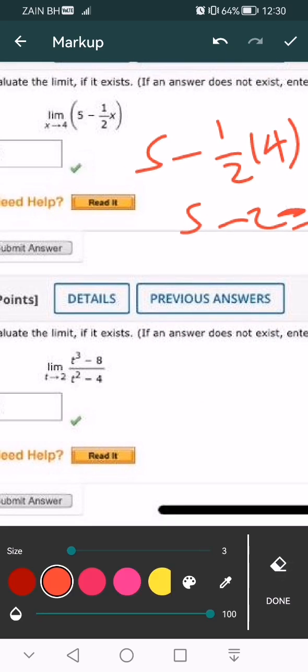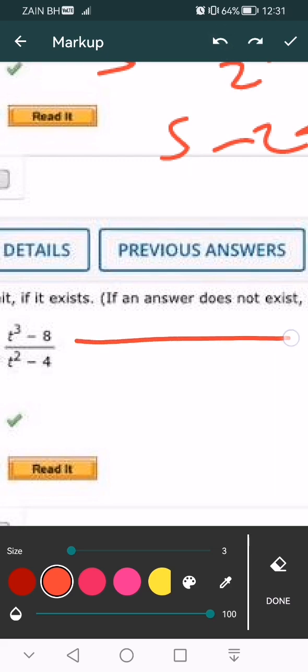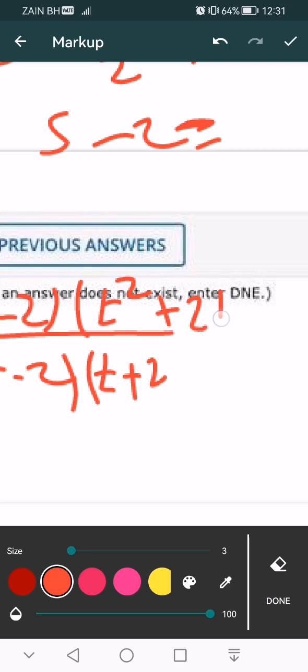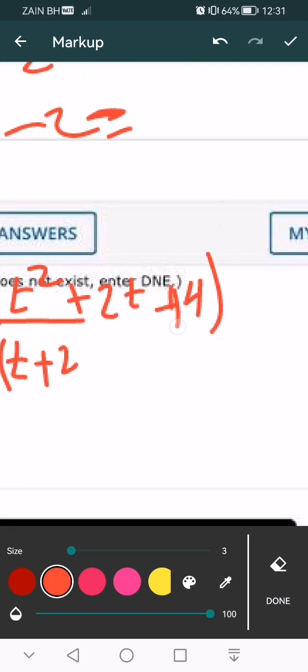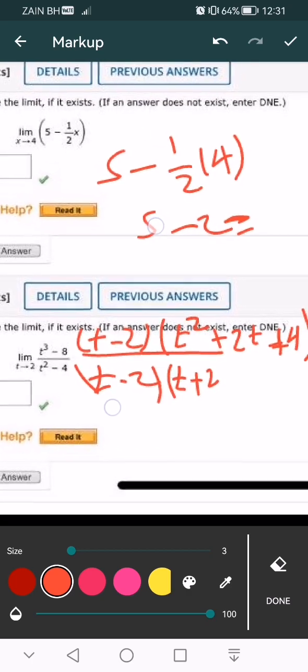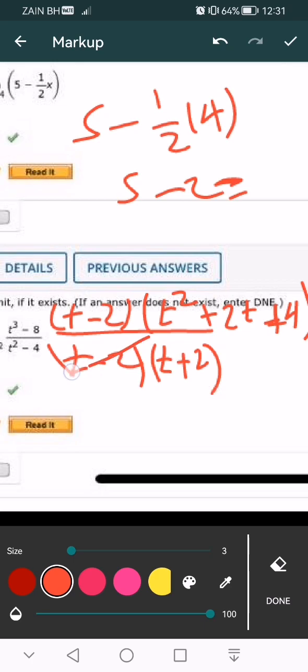Okay, again I have to do what? t minus 2, t plus 2, and here also t minus 2 by t square plus 2t plus 4. Perfect square. When I put this in the calculator, mod 5 3, let me try like this, mod 5 3, then 1 2 4, what will it give me? Good. I can cancel this one with this one.